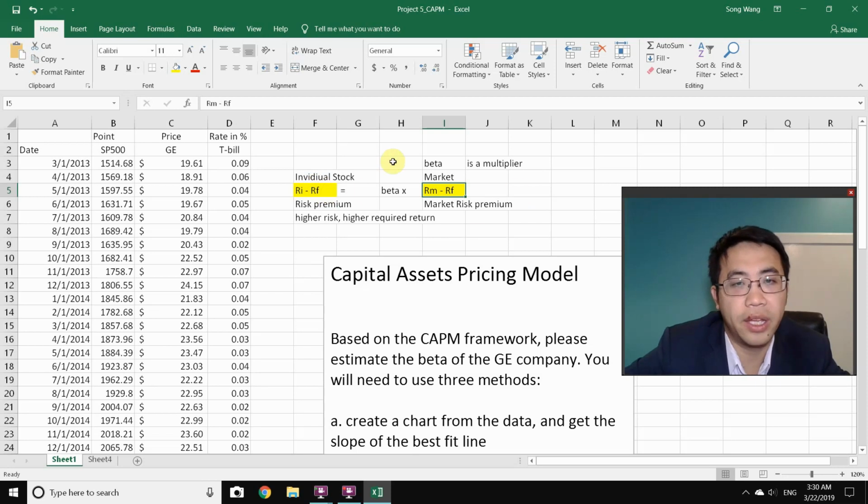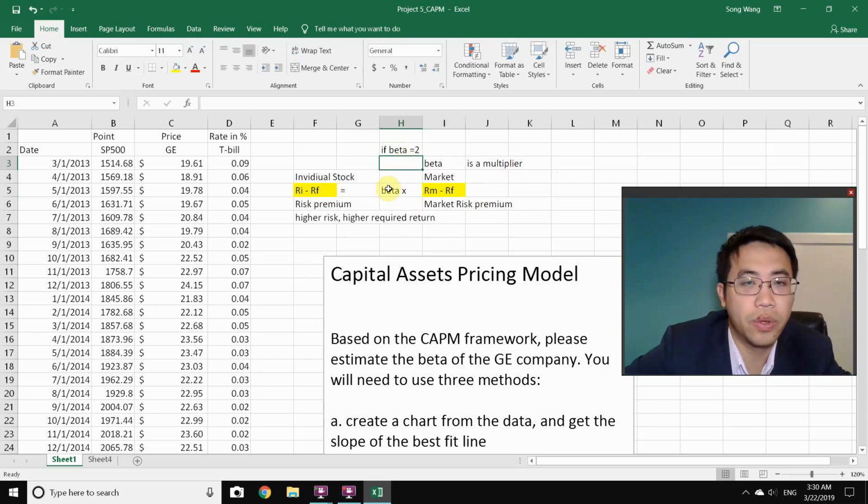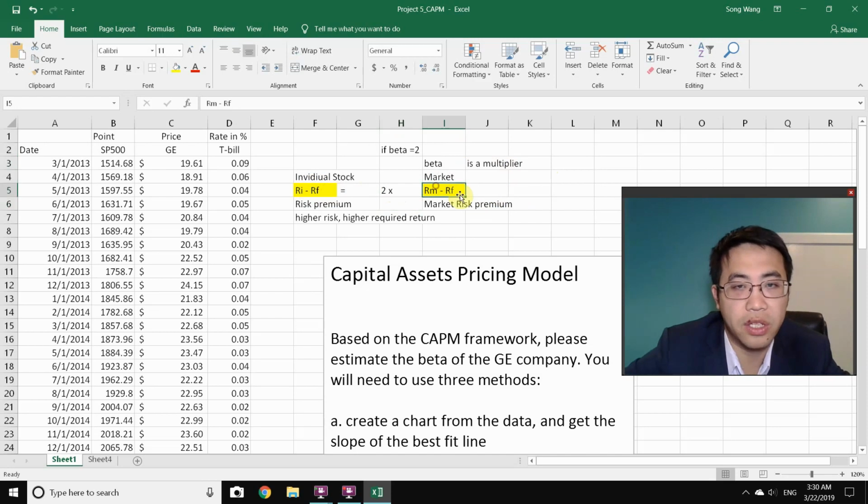Let's say beta equals 2. So you will use 2 multiplied by the market risk premium. If this is 1%, then this would be 2%. The whole idea here is we're assuming the stock risk premium would change as a multiple of the market return change. That's how we interpret this CAPM.